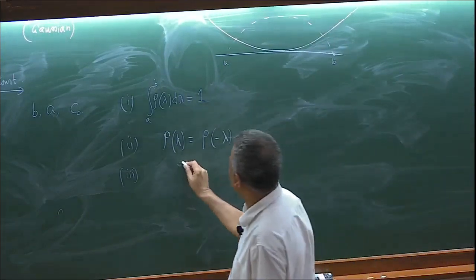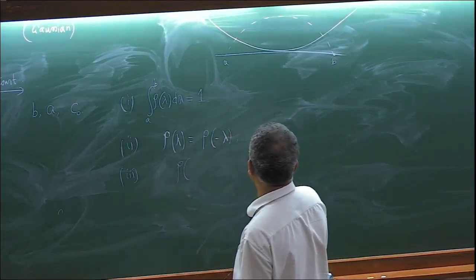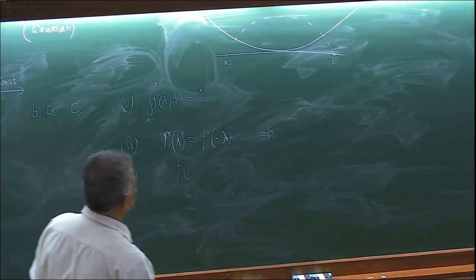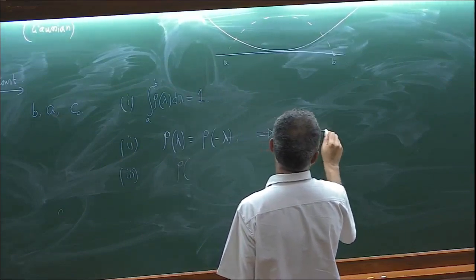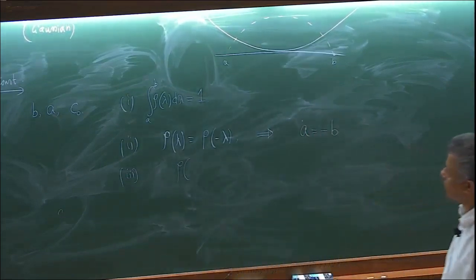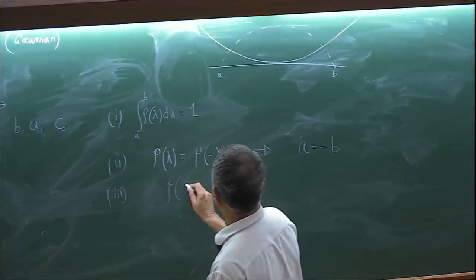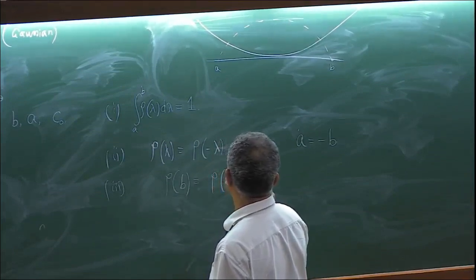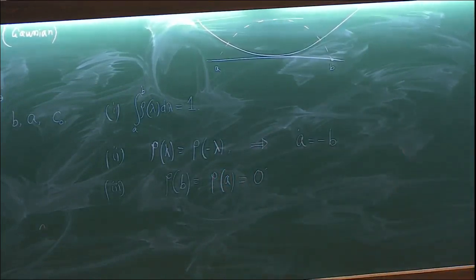So which means that rho of lambda equals rho of minus lambda, which means that this support, which is A to B, A must be equal to minus B, okay? And it says that rho at B and also at A, therefore, must vanish. Okay? So you have 3 unknowns and 3 constraints.